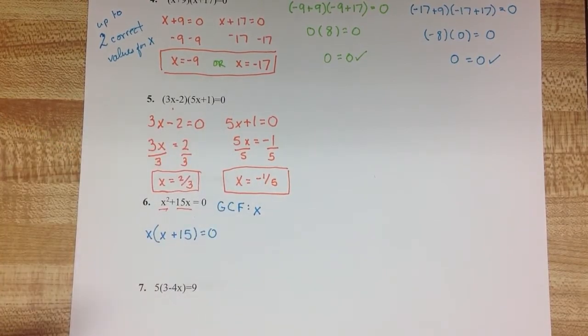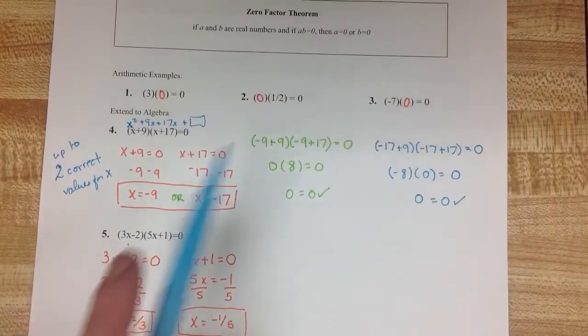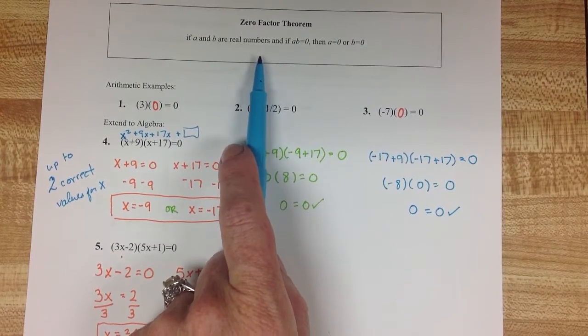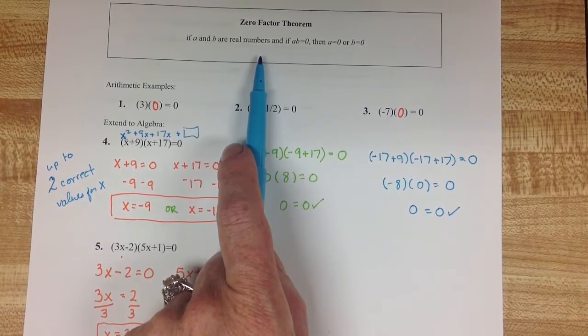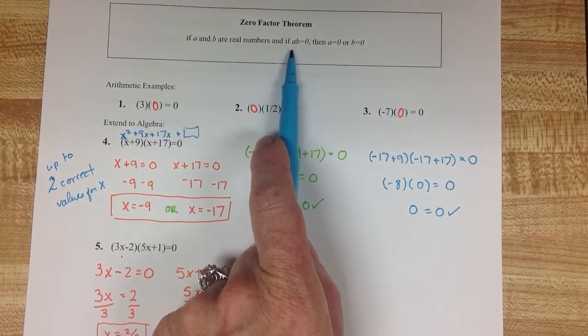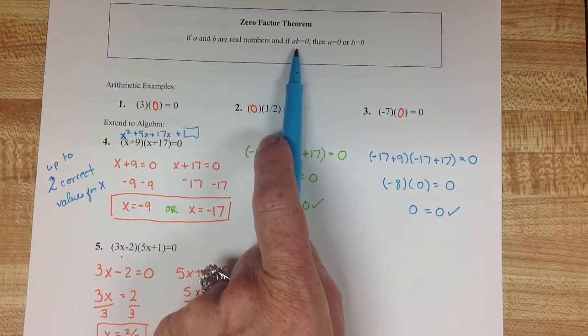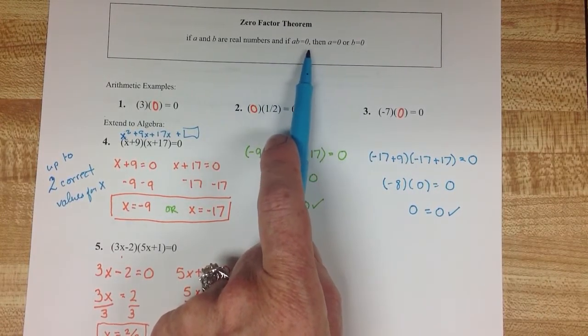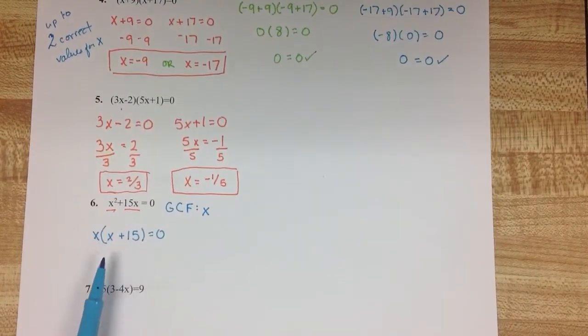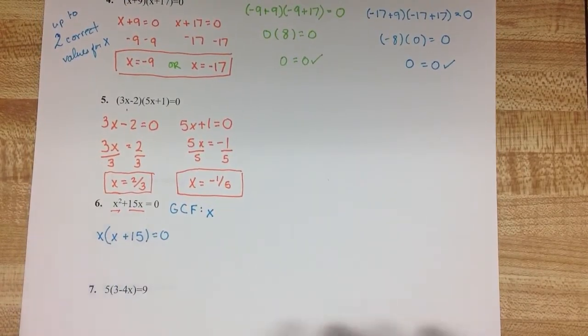equals 0. Now I have an equation that I can apply the zero factor theorem to, because I have a first term, which is my x, a second term, my x plus 15, they're getting multiplied and they're equal to 0. So the zero factor theorem has to apply to this equation.